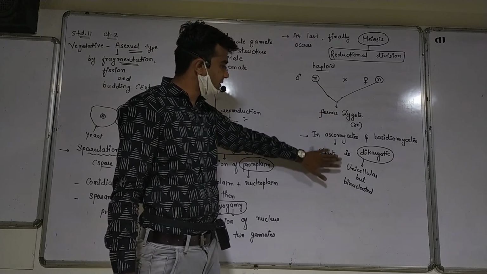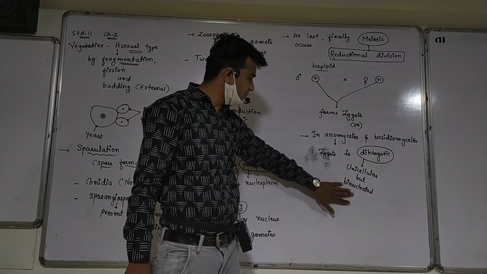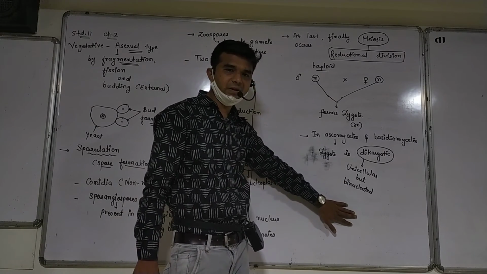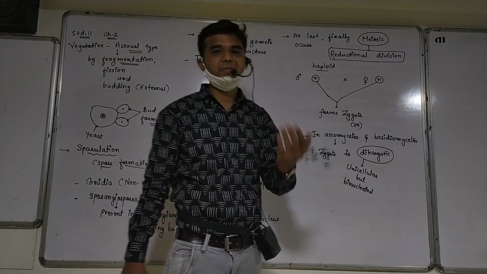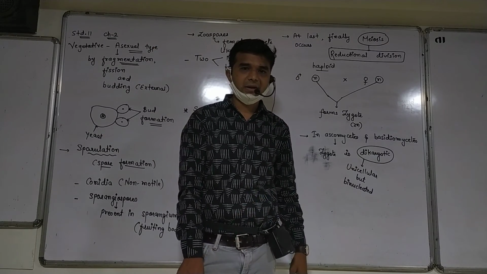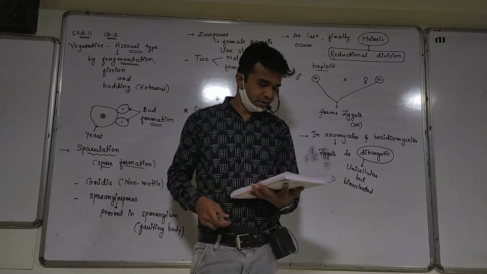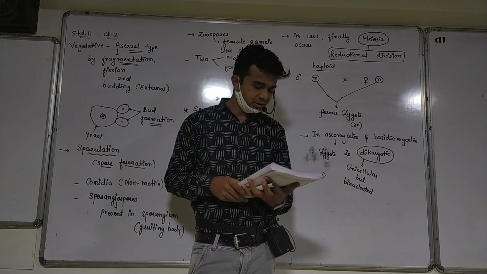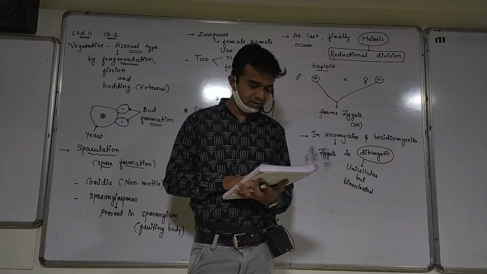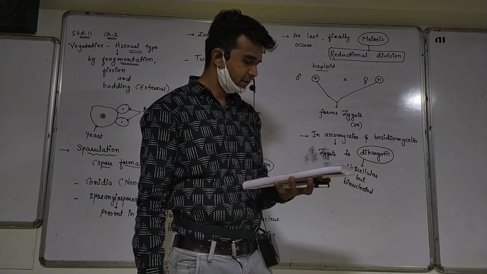The zygote forms spores. Spores now undergo meiotic division and produce the haploid fungi. In this way division occurs in the fungi. So the fungi form fruiting bodies in which reduction division occurs, leading to formation of haploid spores.